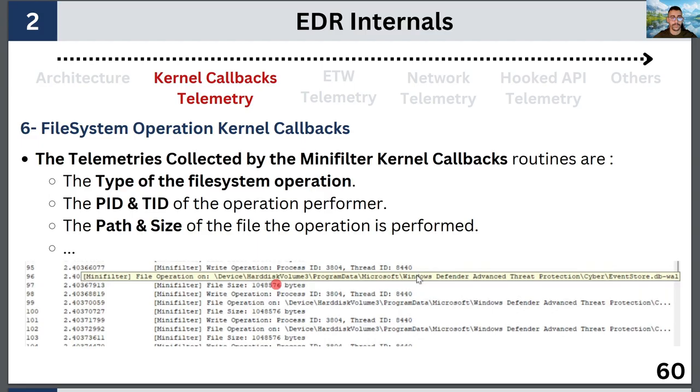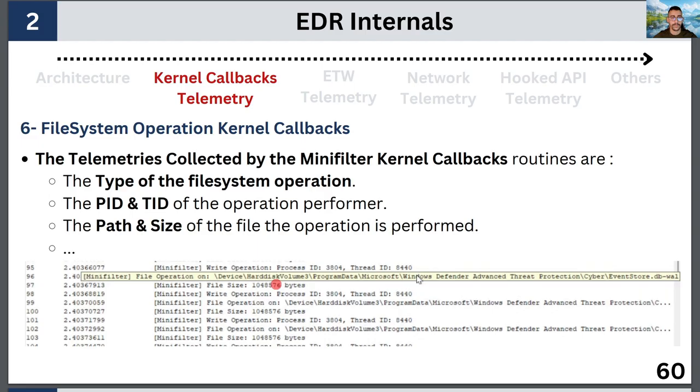These callbacks are commonly used by endpoint detection and response (EDR) solutions to detect malicious handle operations such as LSASS memory dumping for credential theft, or to monitor remote thread creation used for process injection and remote code execution. This telemetry allows EDRs to track handle manipulations in real time and respond accordingly.